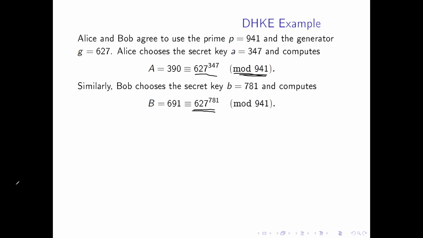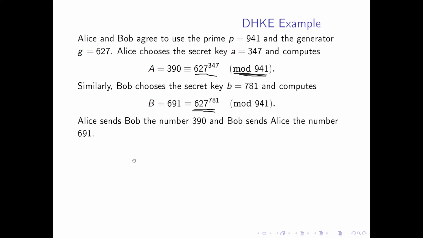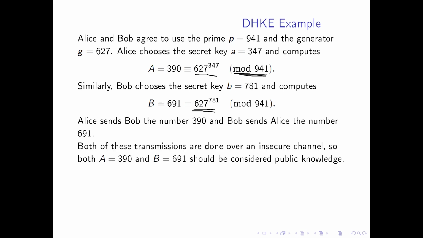Because I now have this, if I am Alice, I send Bob my number 390, the big A. And Bob sends Alice 691, which is big B. Both of them can do this over a public channel, completely fair. So let me just highlight what is in public. I'm going to make that red.